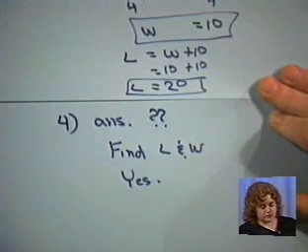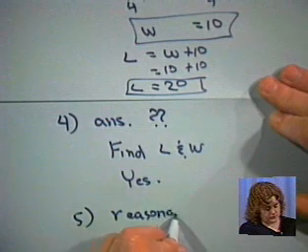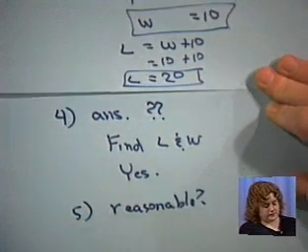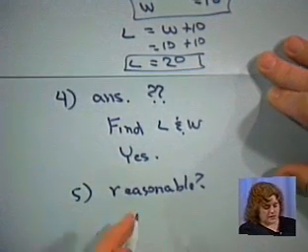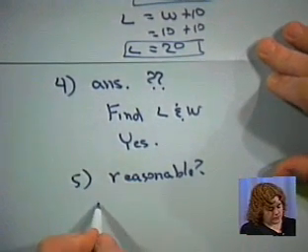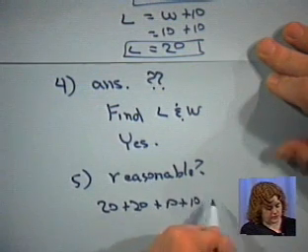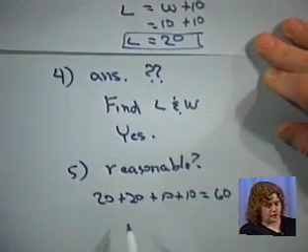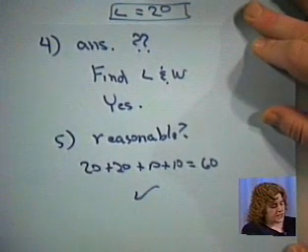Are they reasonable answers? Well, 10 meters and 20 meters is pretty reasonable for a little yard. And if I check the perimeter, 20 plus 20 plus 10 plus 10 does indeed equal 60. So yes, these are reasonable answers.